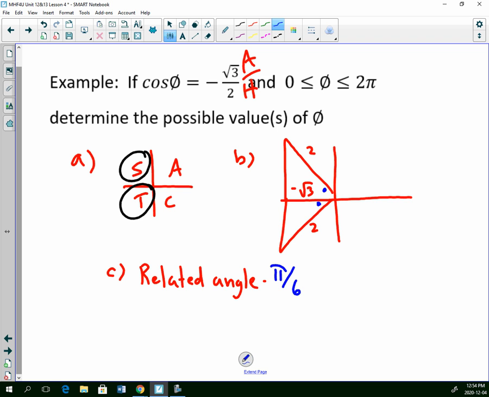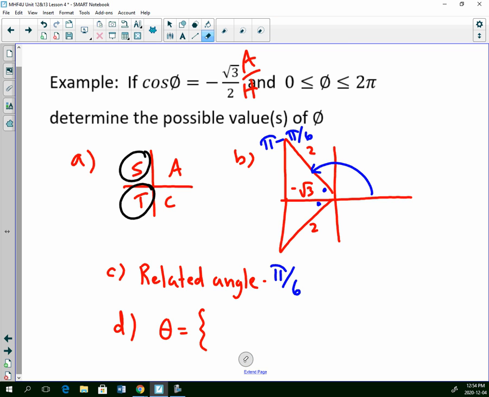And then finally, I'm going to solve it. So my solution set is from 0 to the terminal arm. So in quadrant 2, we're not quite at pi. So we're going to subtract our related angle from pi to get our first solution. So it'll be 5 pi over 6.